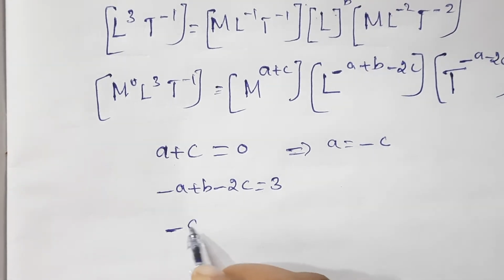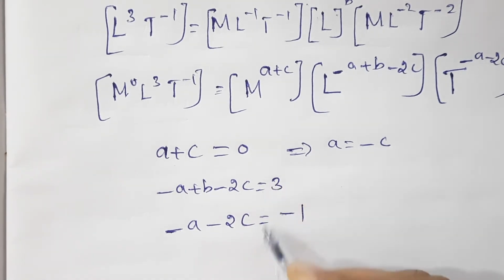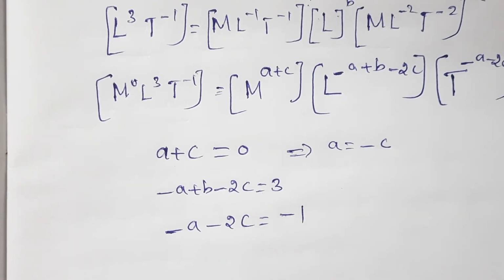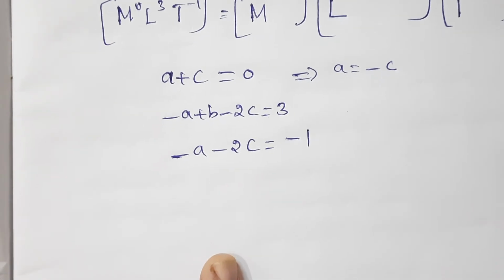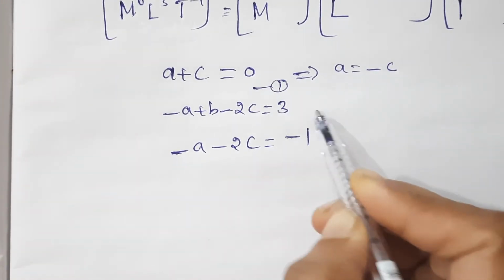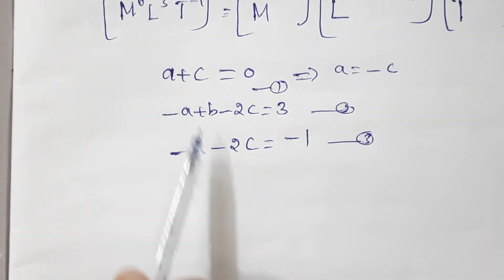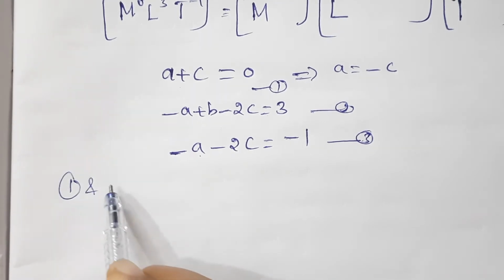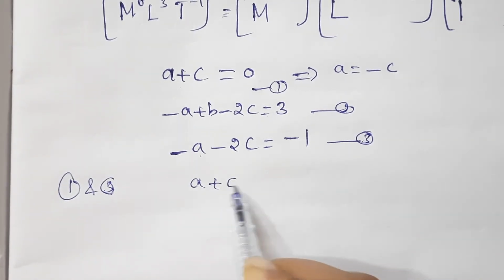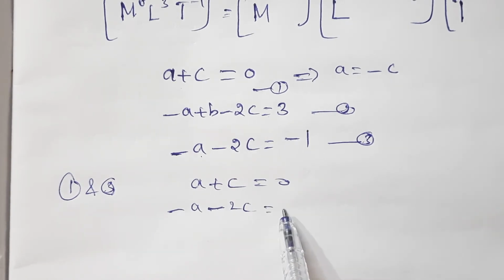Then minus A minus 2C is equal to minus 1. We can solve these equations. Let's consider them as equation 1, equation 2 and equation 3. We can easily solve equations 1 and 3. A plus C is equal to 0, minus A minus 2C is equal to minus 1.